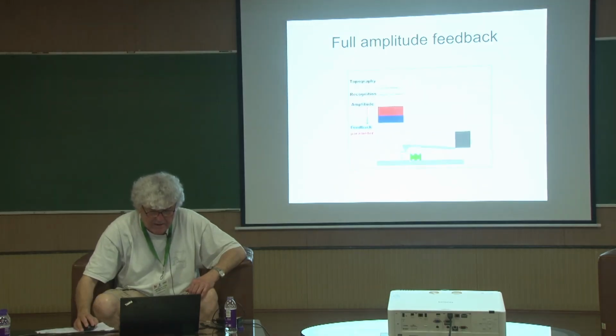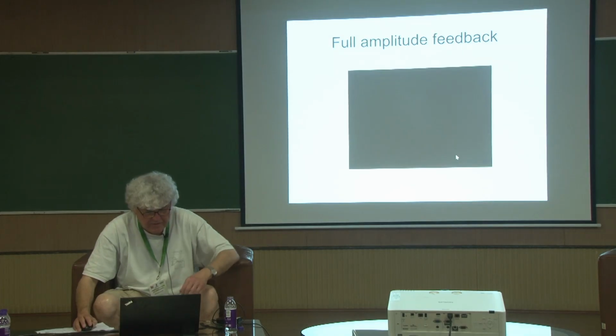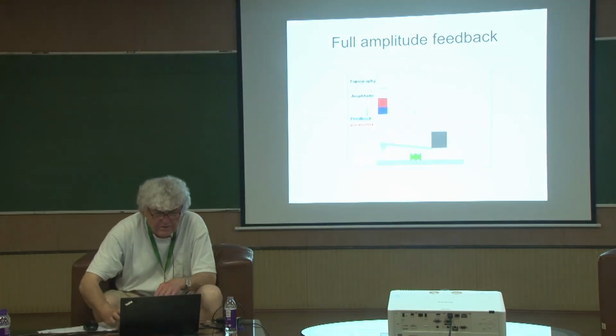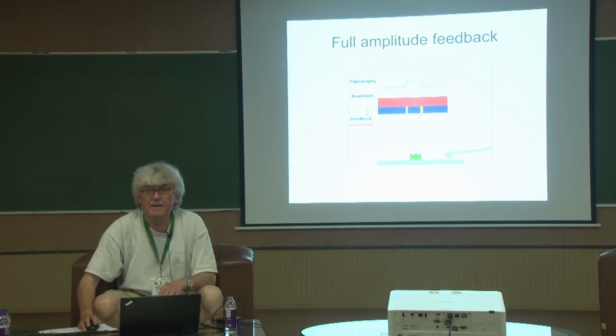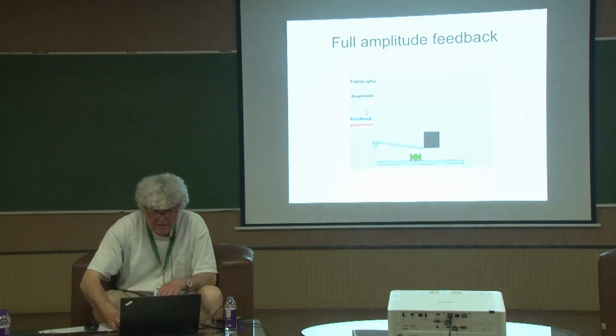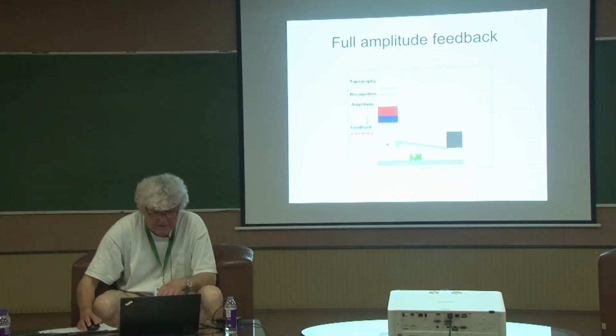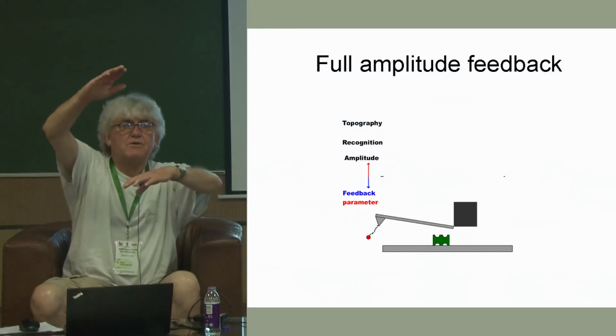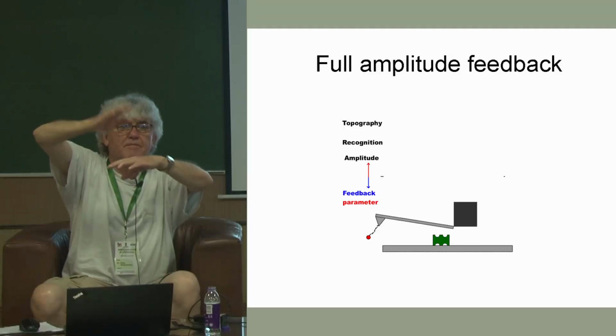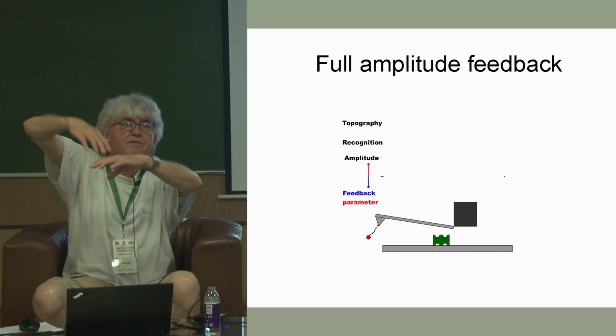If we have now a biotin on the tip, and we servo on the whole amplitude, again with the bare cantilevers we get the right height of the protein when we image. But if we have a biotin on the tip, we overestimate the height of the protein. Why? Because we don't only get signal from the protein, but also from the binding of the biotin.